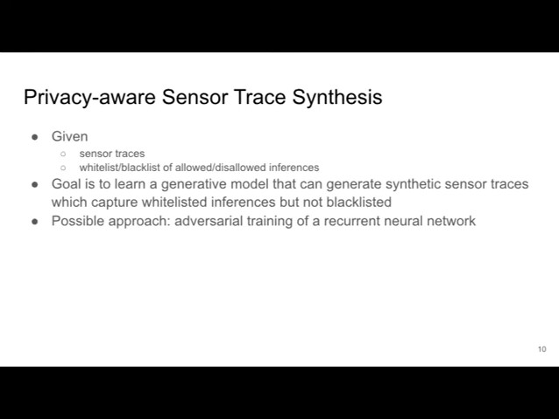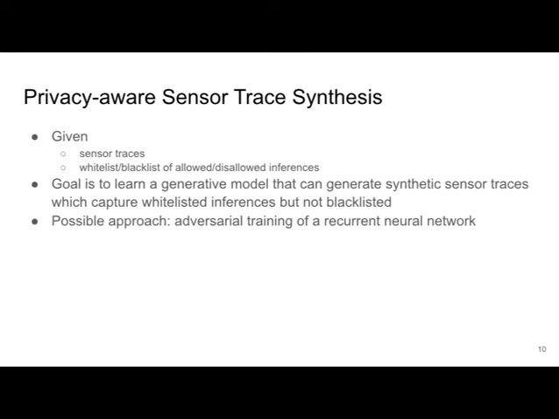Privacy-aware sensor trace synthesis, I'm going to talk a little bit about in today's lecture, but very generically, we face this problem that whenever devices, smartphones, etc., collect sensory data, then from that data you can make a variety of different kinds of inferences, some of which you did intend to share when you're sharing the sensor data, and others you didn't.